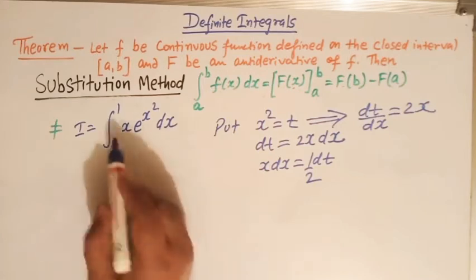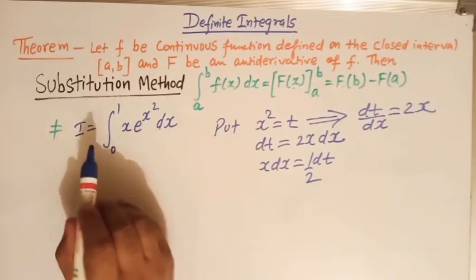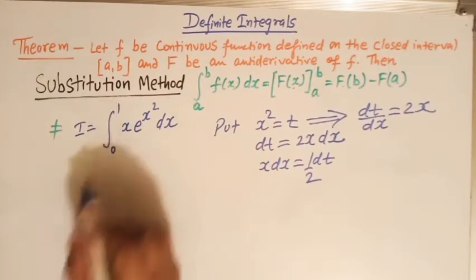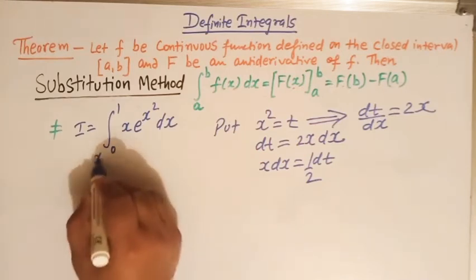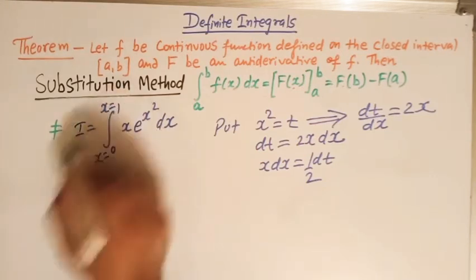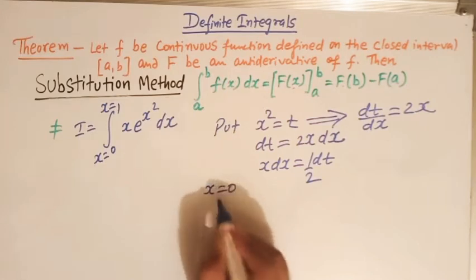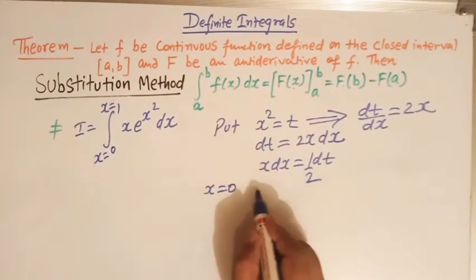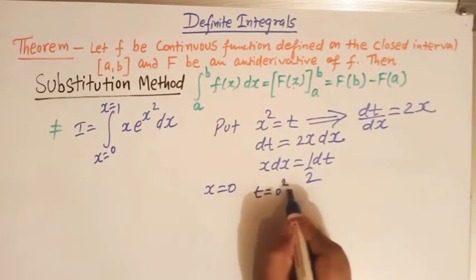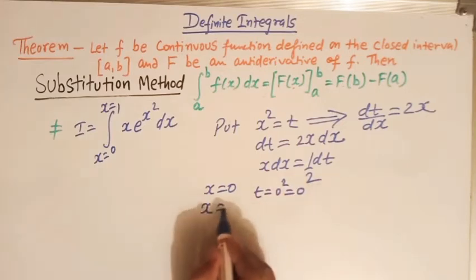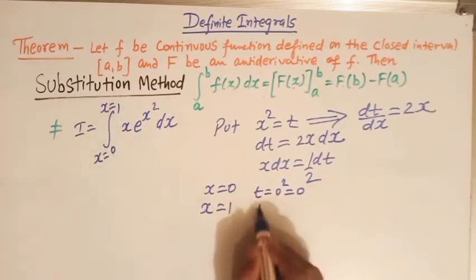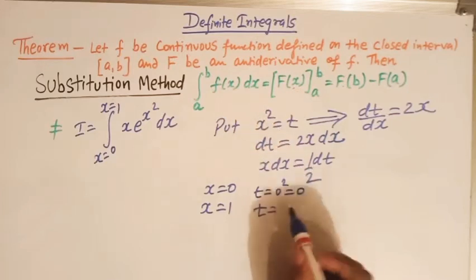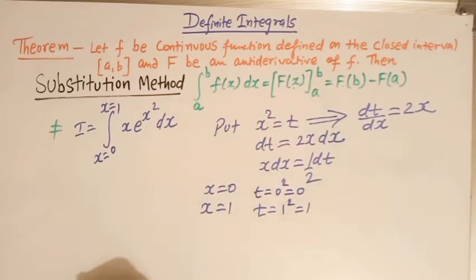So here let us change the limits. So when x is equal to 0, and here we have x equal to 1. So when x equal to 0 here, t is 0 square, that is 0, and when x is 1, t is 1 square, right? So 1 square is 1.